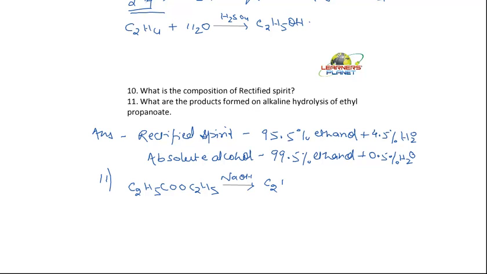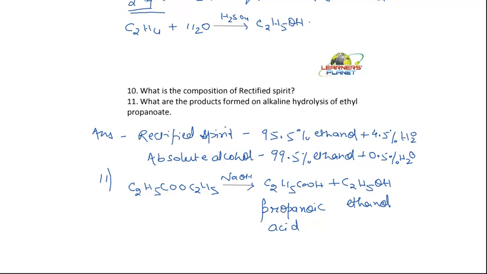So the product will be C2H5COOH plus C2H5OH. Remember that we discussed this in our theory session: in the ester, the one on the LHS side comes from the acid and the one on the RHS side comes from the alcohol. So the products will be propanoic acid and ethanol. Right?